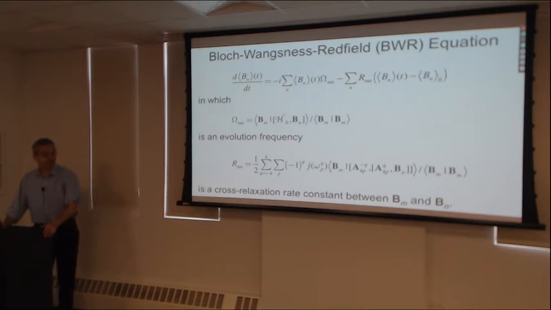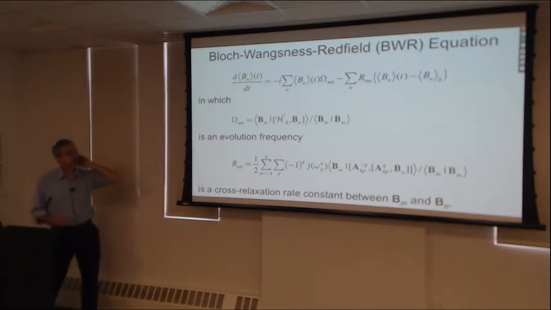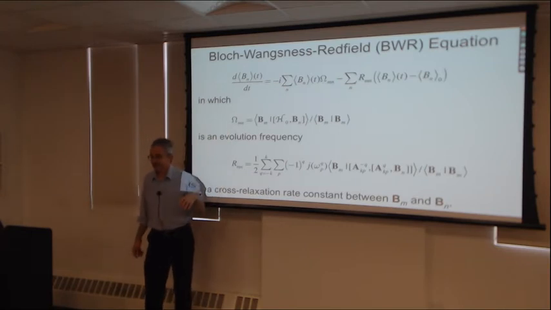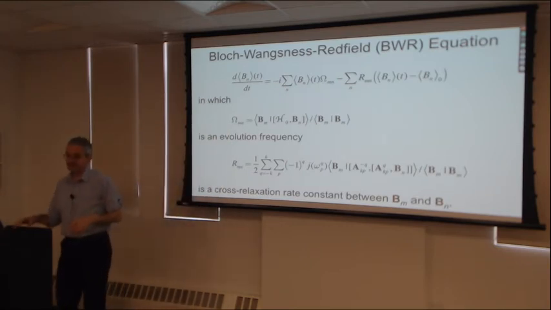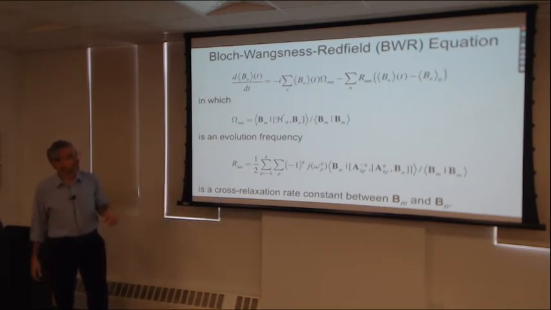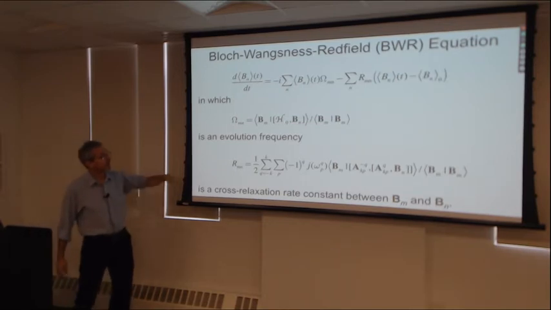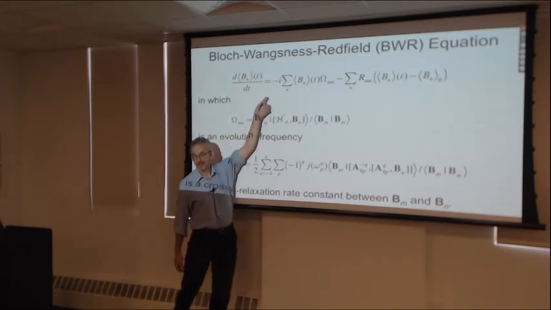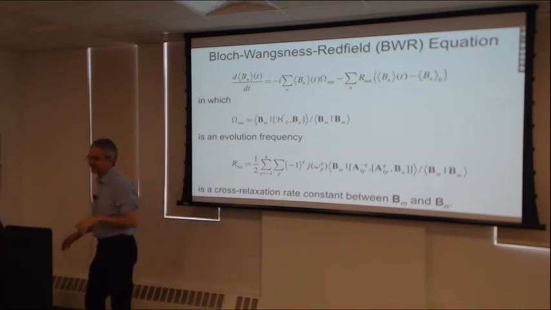So if we make the substitution and collect the terms, we then have a set of coupled differential algebraic equations, in which omega mn are precession frequencies. We know that they're precession frequencies because they have an imaginary factor in front of them.